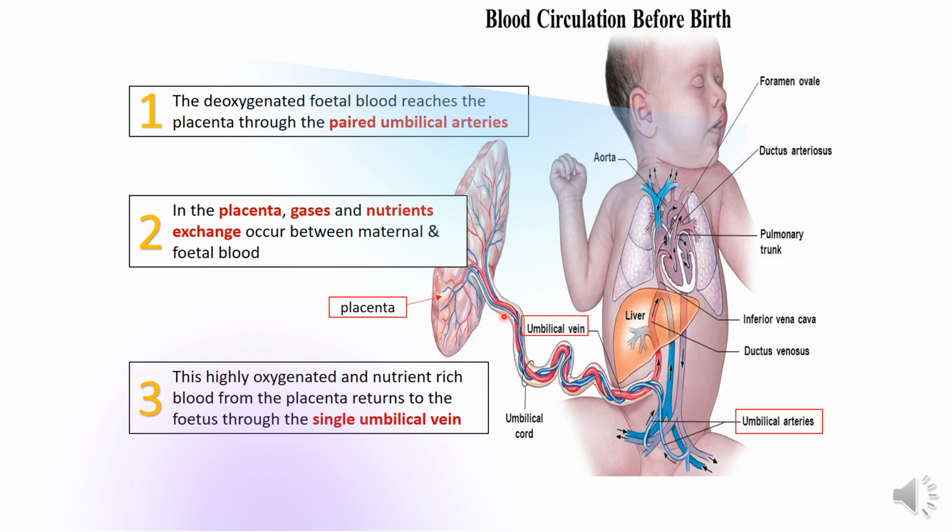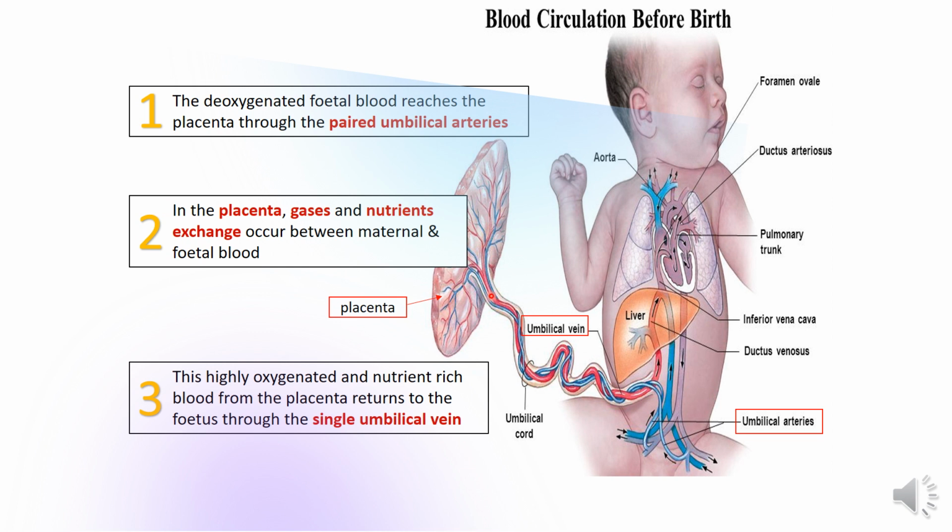The deoxygenated blood reaches the placenta, and the gases and nutrient exchange occurs in the placenta, and the waste product is removed from the fetal blood. After this process, the highly oxygenated and nutrient-rich blood from placenta returns to the fetus through the single umbilical vein.